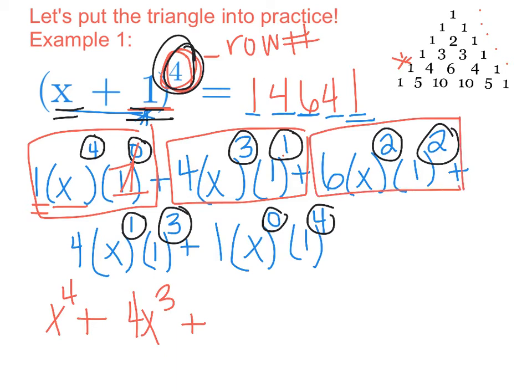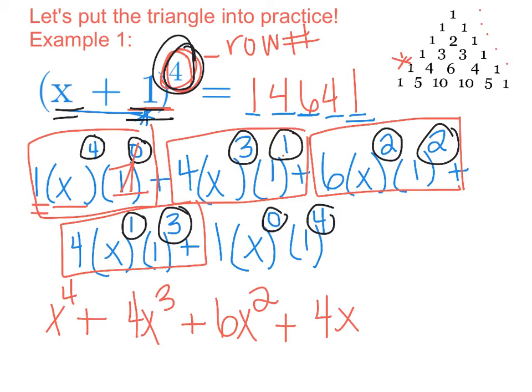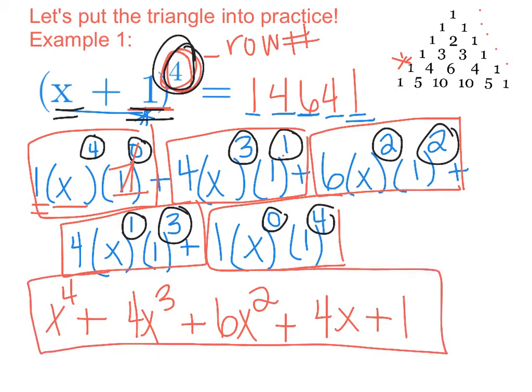So 1 squared is 1, x squared times 6, so 6x squared. Plus, now the next one here. All that's going to give you 4x. And then lastly, we're going to have 1. So this binomial to the 4th power was a very easy one compared to what you'll see. But at least it gives you an idea of how we're going to use Pascal's triangle to expand our binomials.